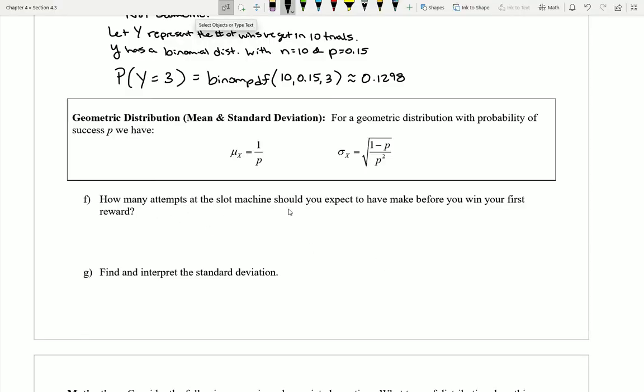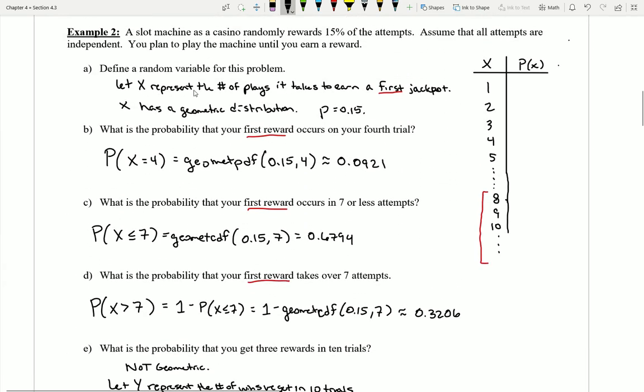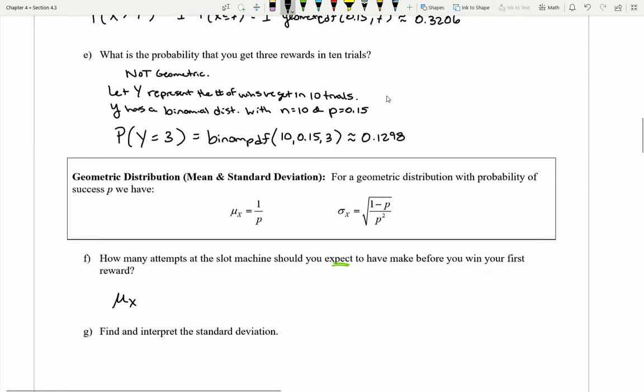Let's see, part F. How many attempts at the slot machine should we expect to have to make before we win our first reward? So I'm looking for the average x. Notice, the same x I had up here, the average number of plays it takes to earn a first jackpot. And that's exactly what we're being asked here.